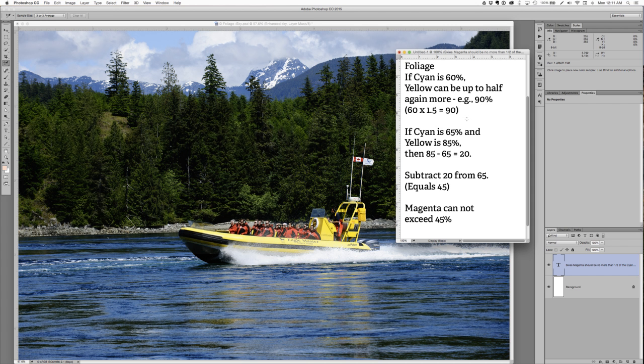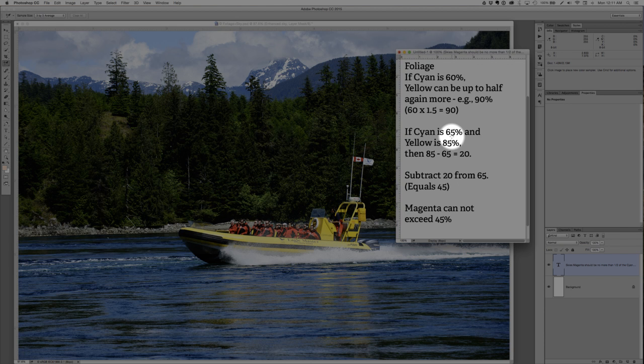Let's follow through an example here. Let's say the cyan reads 65% and the yellow is reading 85. Well, half again more, so if I take 65 times 1.5, that comes out to about 98%. So the yellow could be up as high as 98, but in our example, it's reading 85.